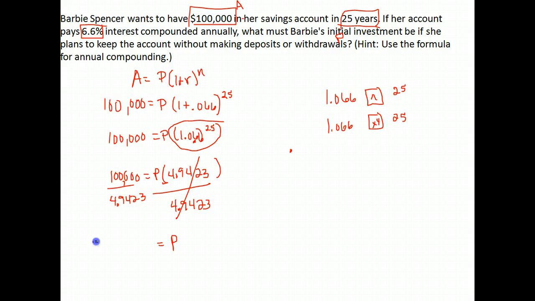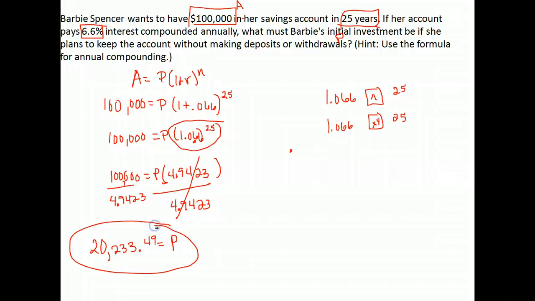And when we do, we end up with $20,233.49. So if she wants to have $100,000 in 25 years, she needs to invest $20,233.49 right now.